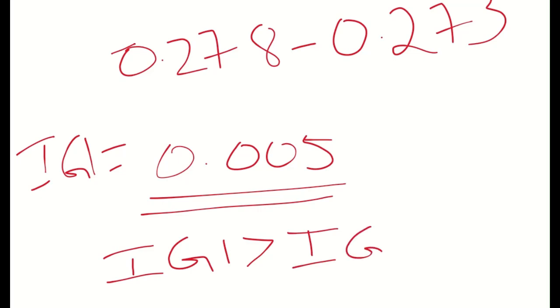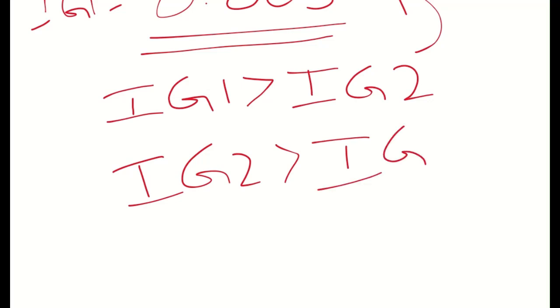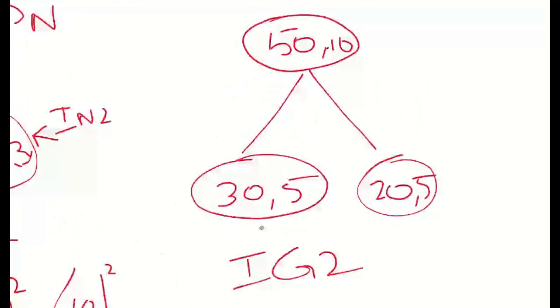If IG1 is greater than IG2, then this split will be considered. If IG2 is greater than IG1, then the alternative split that we have considered here would be chosen to build the tree further down. So this is the crux of how we are going to use Gini index while building a decision tree.